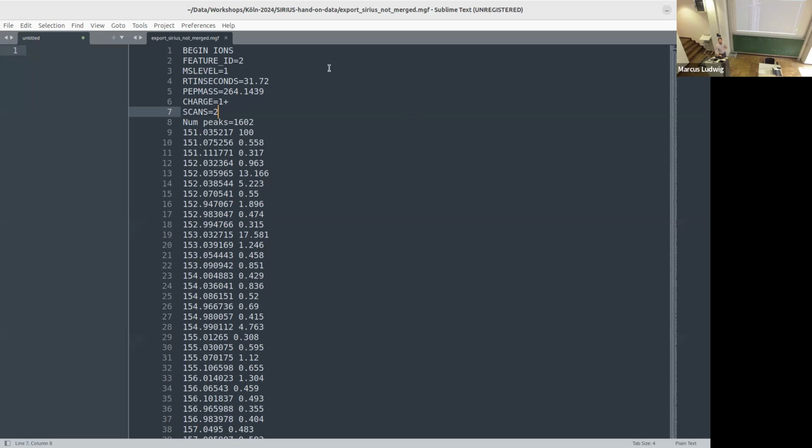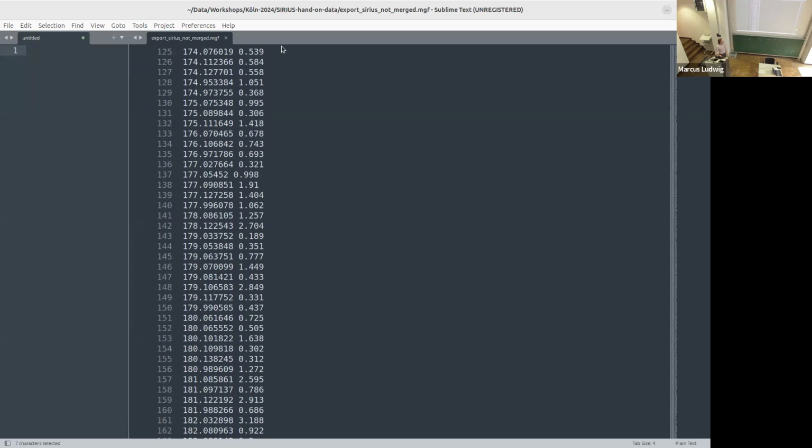That's maybe the more important thing. Sometimes people try to input a file where only MS1 information is in there. So it's always good to have a look and read the file. It's easy to see that it has a feature ID, it has an MS level, MS1 or MS2, and a precursor mass and charge.